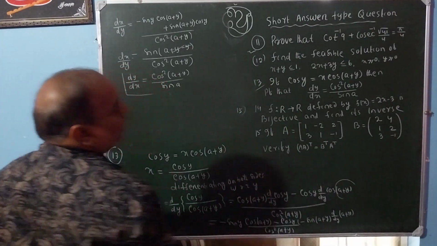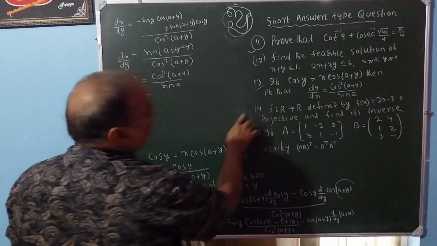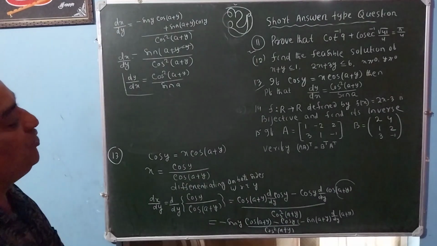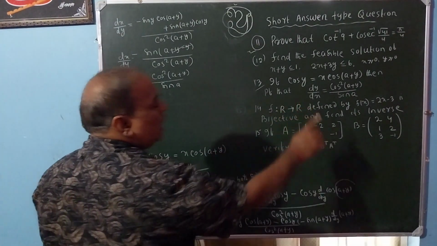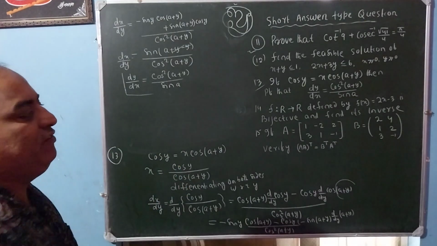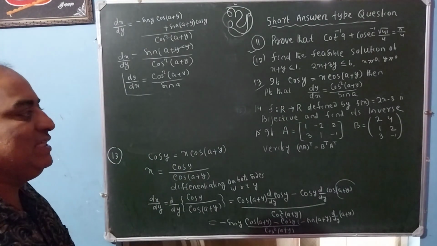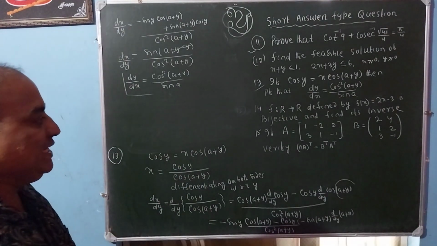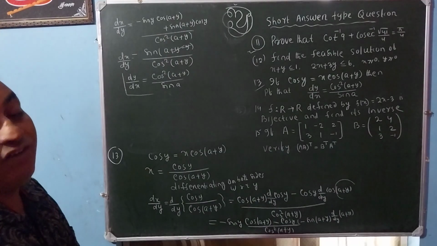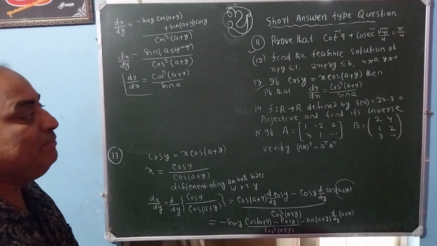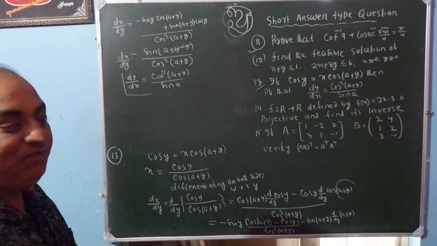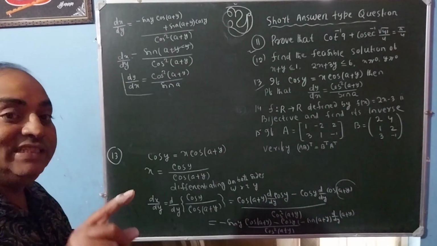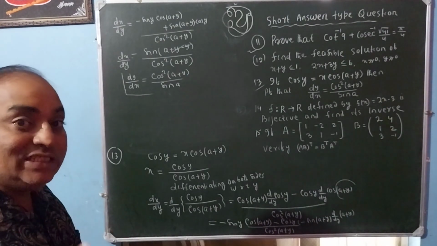Now our aim is to find question number 14. f is a mapping from R to R defined by f(x) is equal to 2x minus 3 is bijective. Find its inverse. Bijective means a function f(x) is said to be bijective if it is injective as well as surjective.